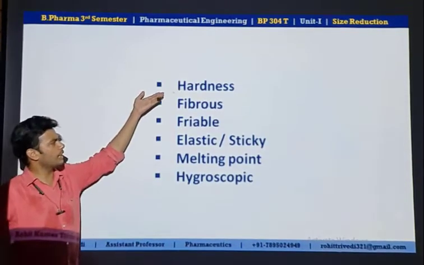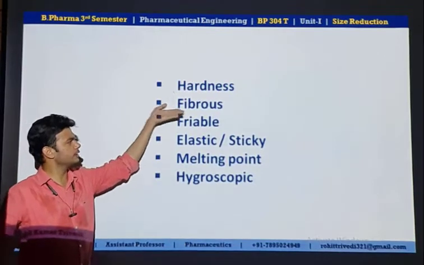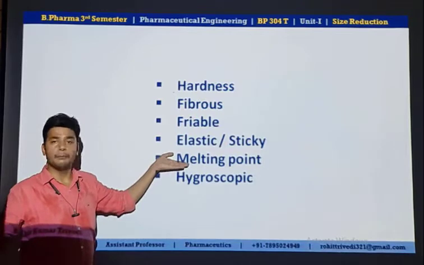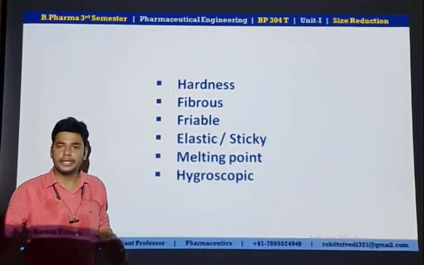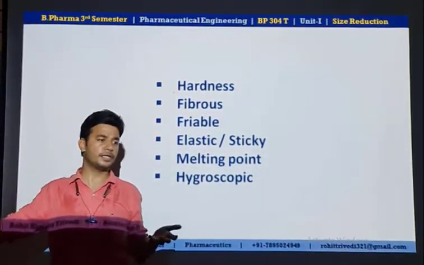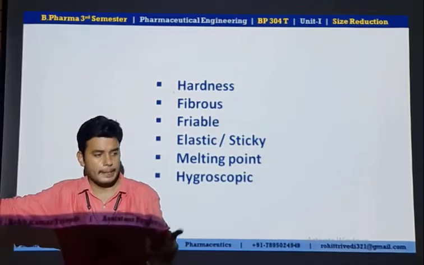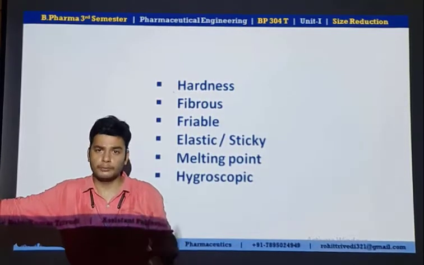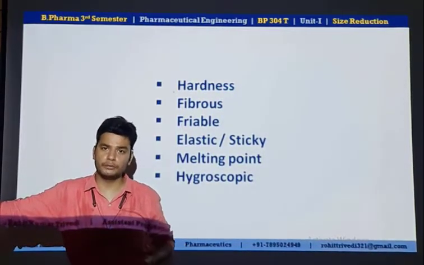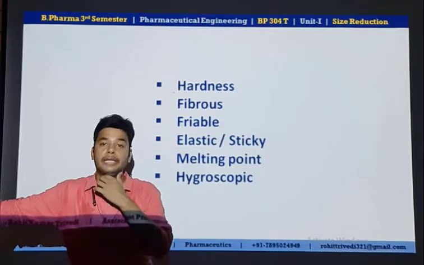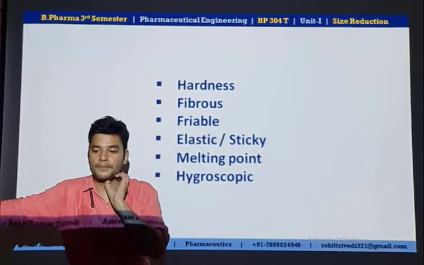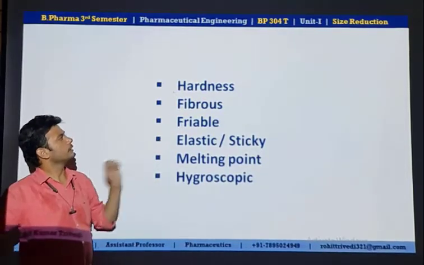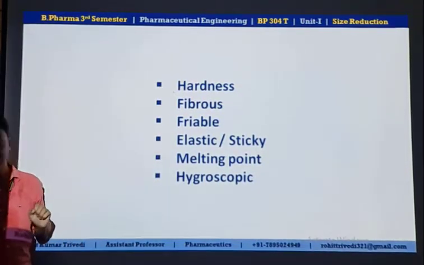These factors include hardness of the material, the fibrous nature of the material, the friability of that particular material, elasticity, melting point, hygroscopicity or hygroscopic nature, thermolabile nature of the material, and particle size of the material. All these things we will be discussing right now.